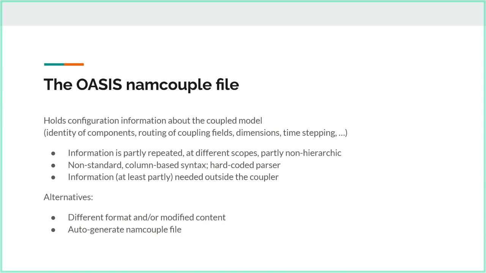The information is at different scopes. You have some information that goes for the whole system, some is going for components, which is not as such a problem, but it's also not in its format. It's not completely hierarchical. So, I mean, you can order the fields that you are changing in any way you want. You don't have to group them by components.